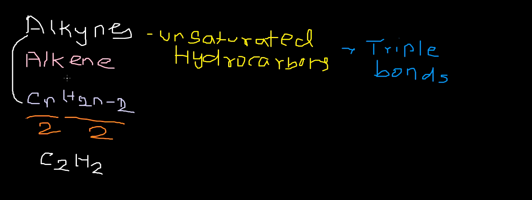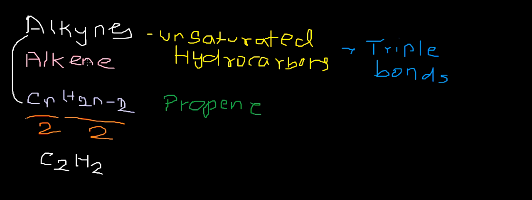Now you might remember from the last video about propene. Let's take propene. It's an alkene. How do you understand it's an alkene? You say it has the suffix ene, and as I told you in the last video, if the suffix is ene, then it's an alkene. Yes, that's absolutely correct.